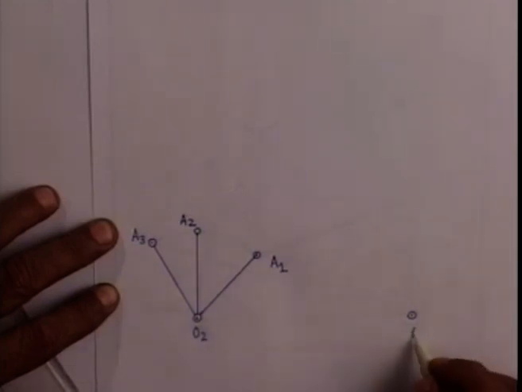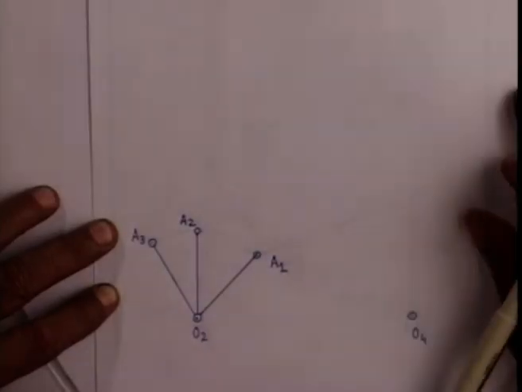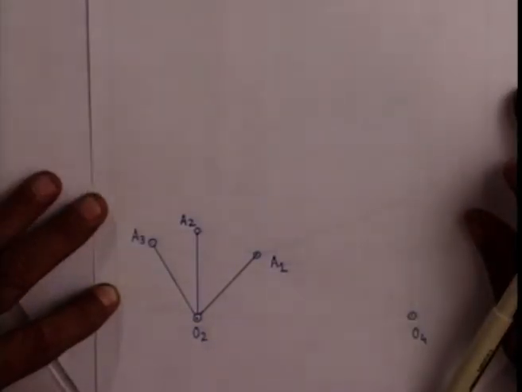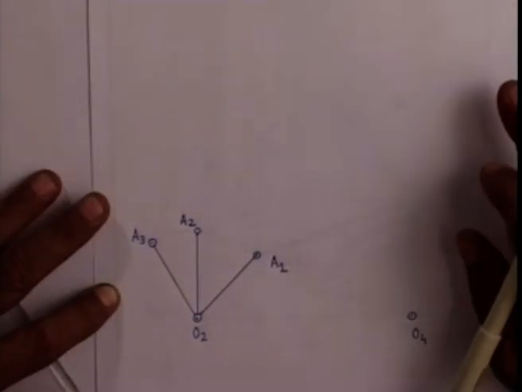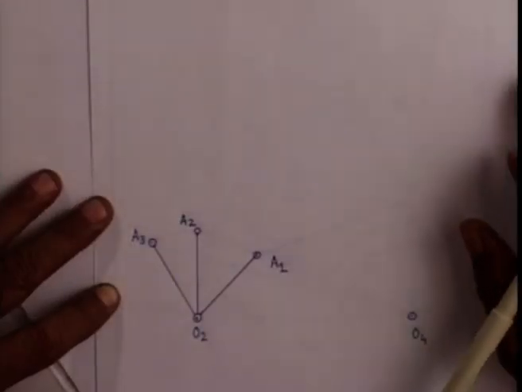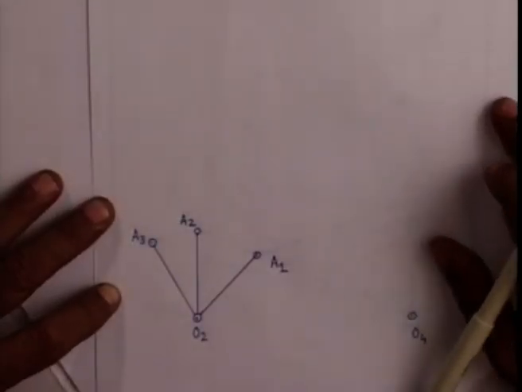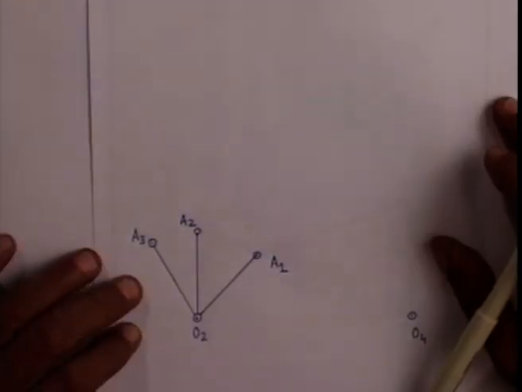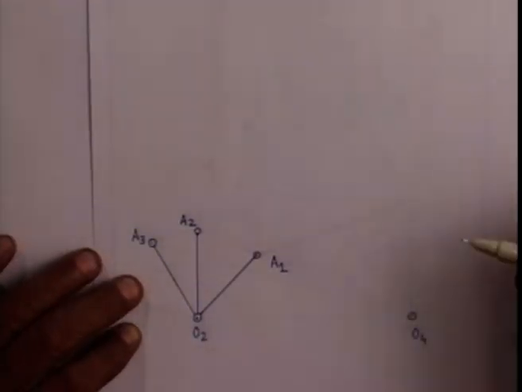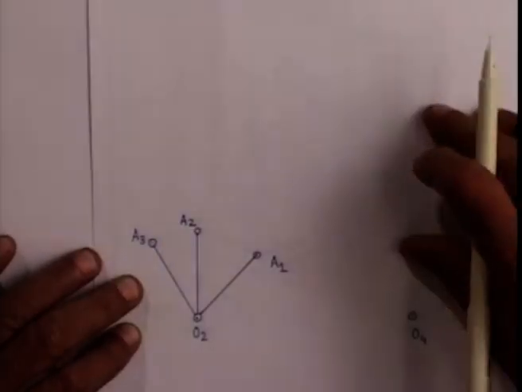This point is O4. So, the only thing that remains is to locate the point B1 such that theta 412 and theta 423, the coordinated movements of the follower, can occur. To do this, we have decided to hold the follower fixed at its first position.